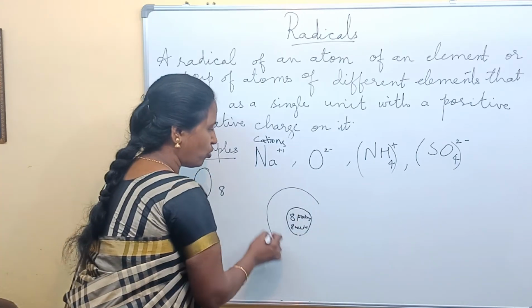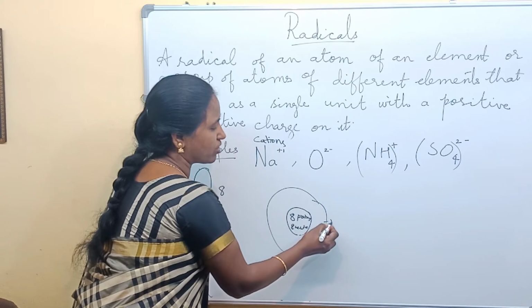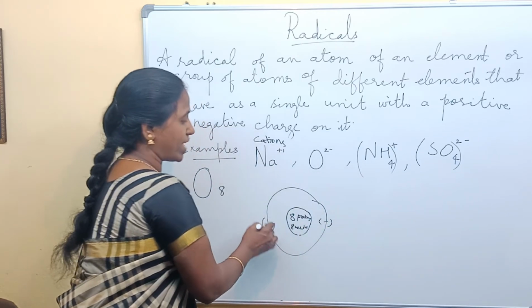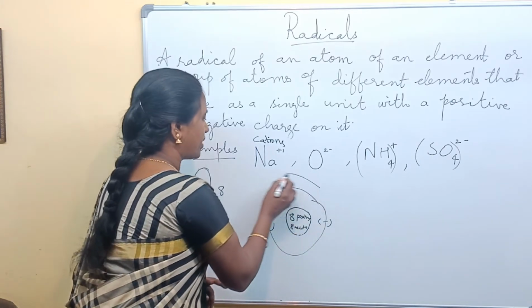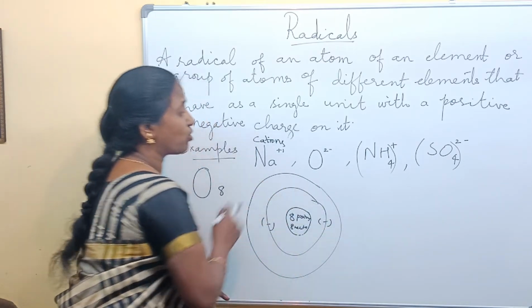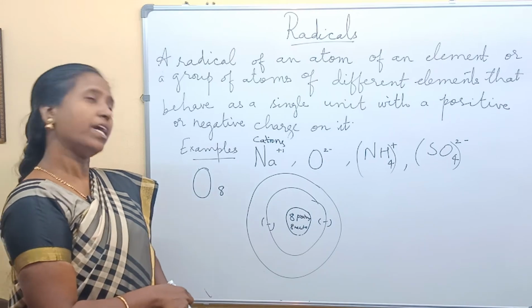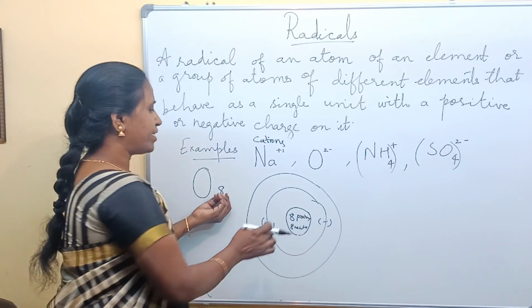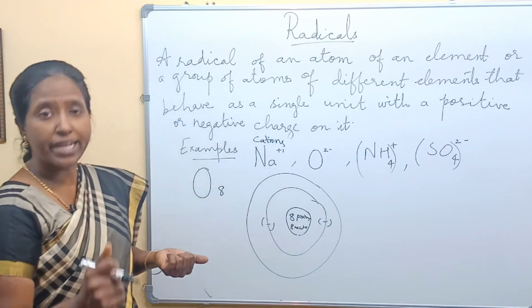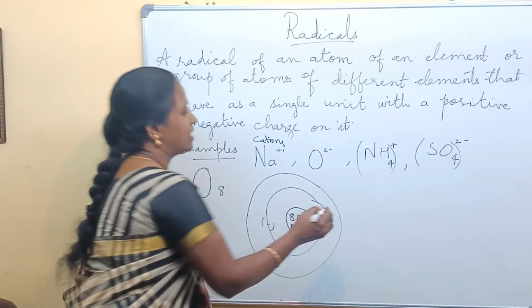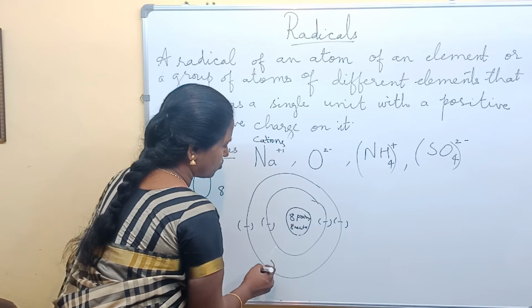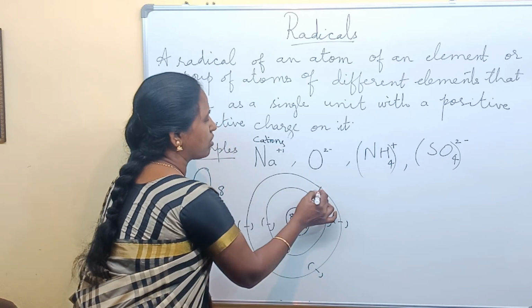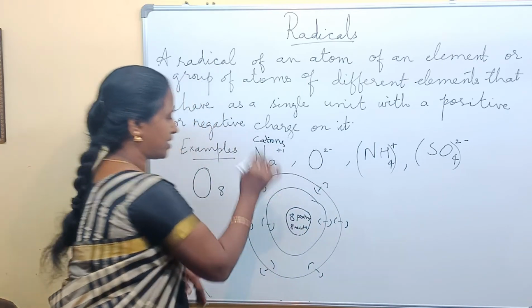And I told you, in the first shell, how many electrons? Yes, 2 electrons. That much capacity only is there for the first shell. In the second shell, how many did I tell? 8 can be accommodated. But in this 8, 2 are gone. Remaining how much is there? 6 are there. 1, 2, 3, 4, 5, 6.